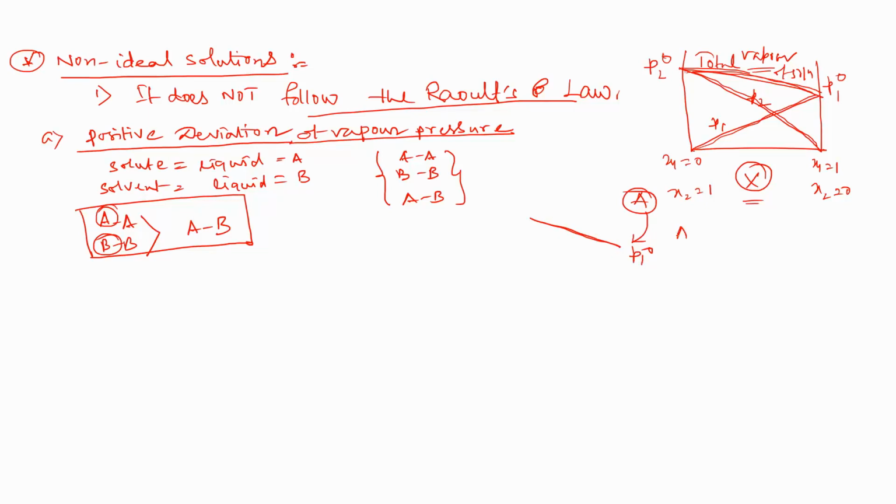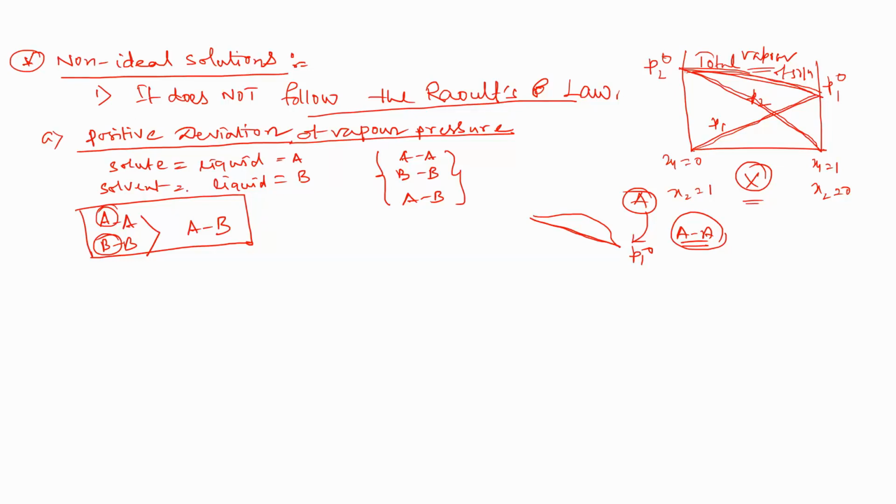But when the AA interaction is higher, the vapor pressure line will be like that. So the vapor pressure of the A component will be higher, because the attractive force of the same molecules is greater than A and B. That's why there will be the positive deviation.